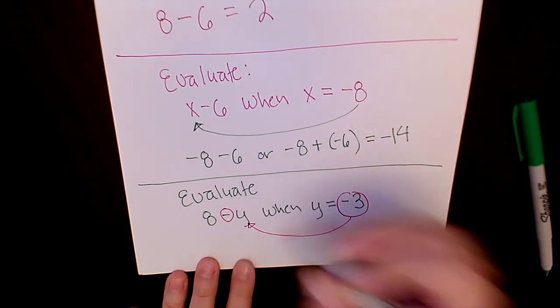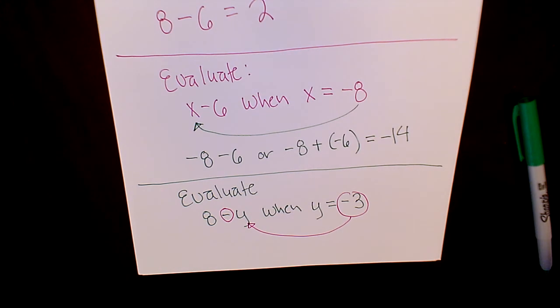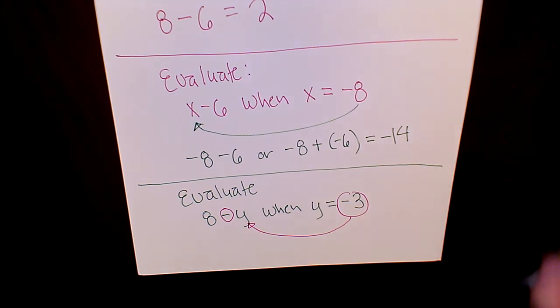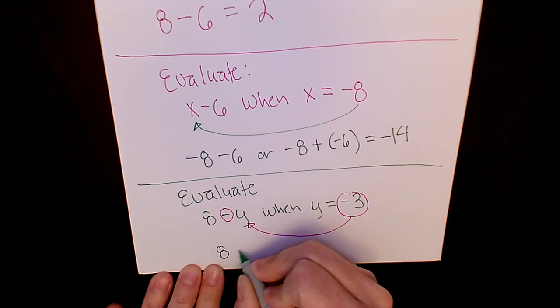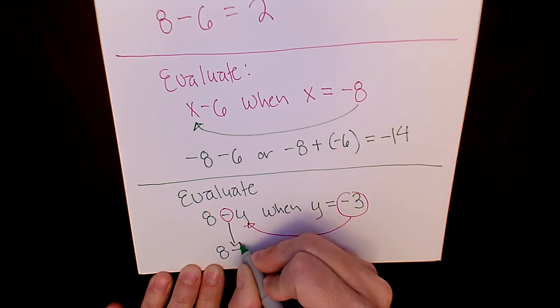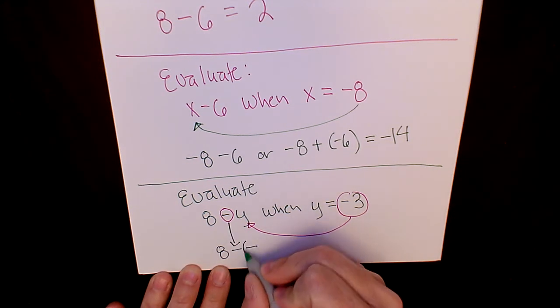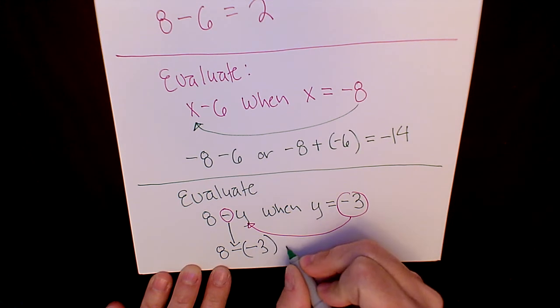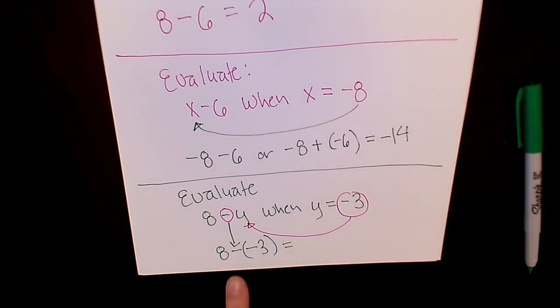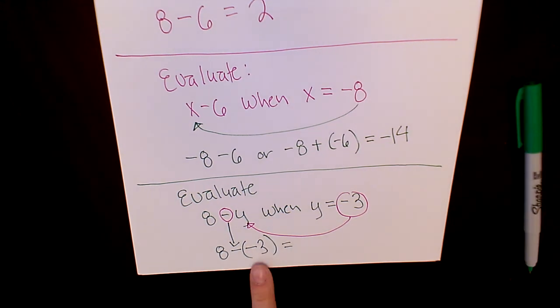Now notice there's a negative in front of it, so it's going to be a minus minus 3, right? So negative 3 is just going in place of y. So I've got 8 minus, this minus, and then minus 3. So that minus comes down, but y also has a minus with it.